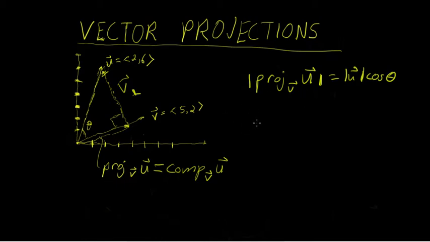Well, hopefully you remember that u dot v, one way of representing it is u1 v1 plus u2 v2. That's just the sum of the products of corresponding components of u and v. But another way to represent this is the magnitude of u times the magnitude of v times cosine of theta.